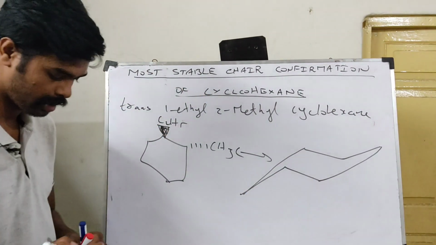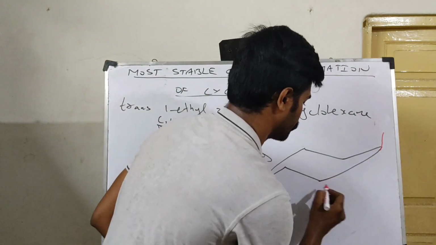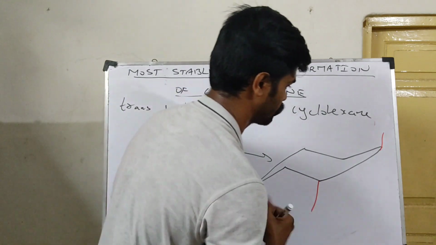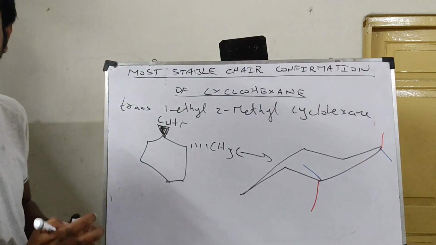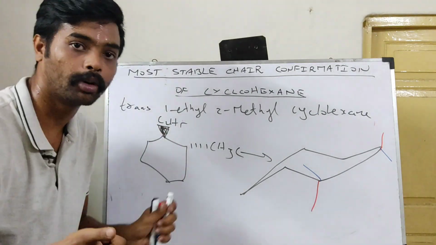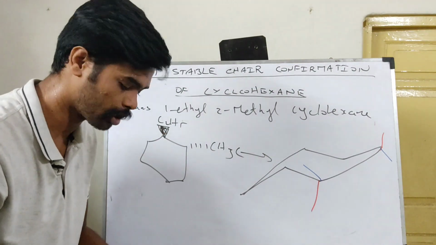Let me put the axial and equatorial bonds. Now again the thumb rule for the most stable conformation: the bulkiest group should be in the equatorial position.